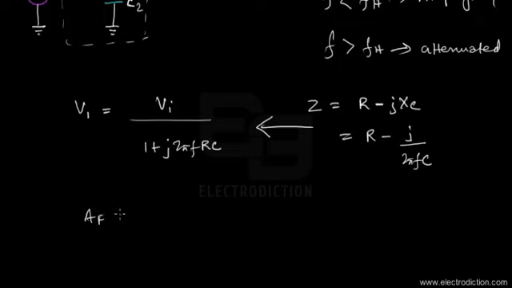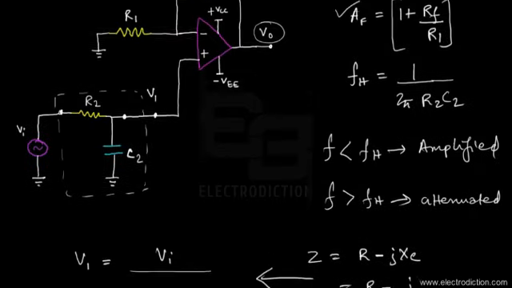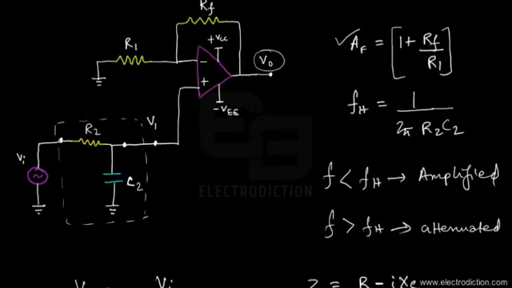Here we know that AF is equal to 1 plus RF divided by R1. So AF stands for the output voltage obtained from the amplifier itself, that is this variable, divided by the input voltage given to the amplifier, that is V1.